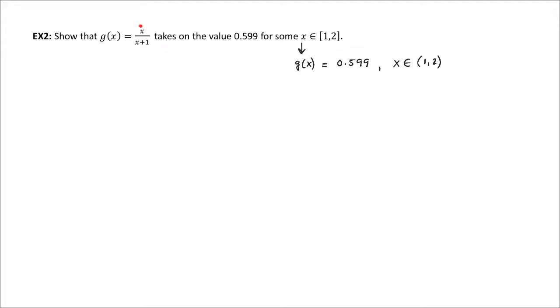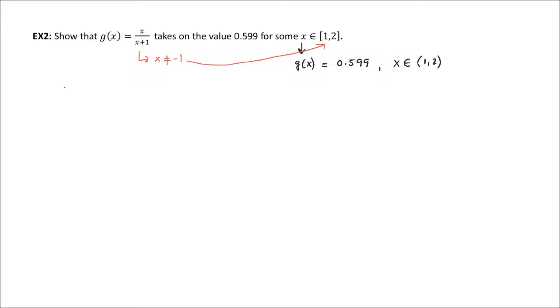The only place where this function is discontinuous is at -1. So x cannot be equal to -1. At any other value of x, g of x will exist. But nicely, -1 is not in this interval.